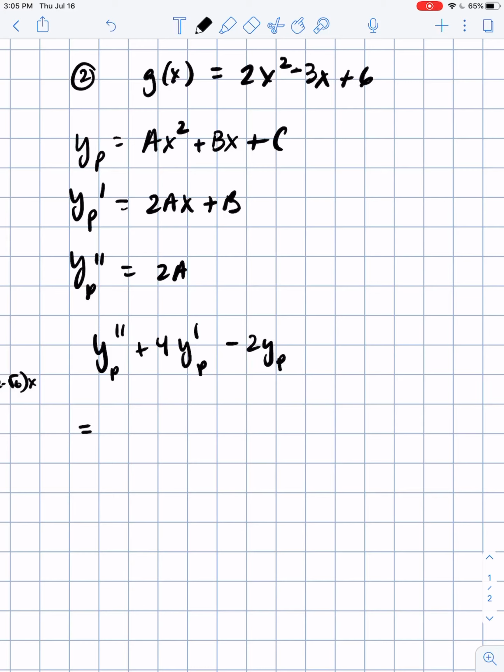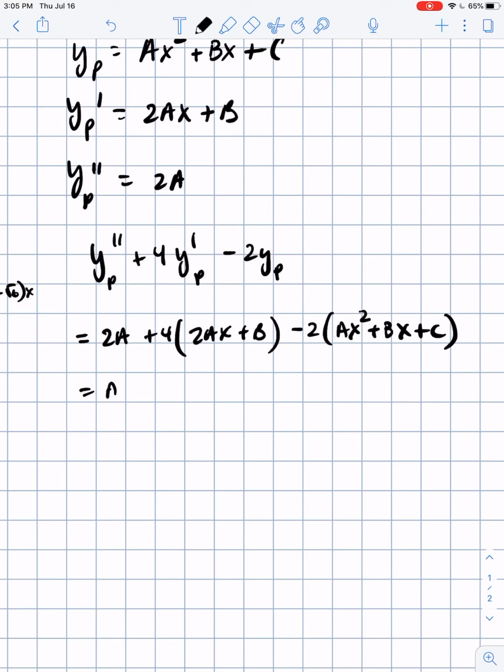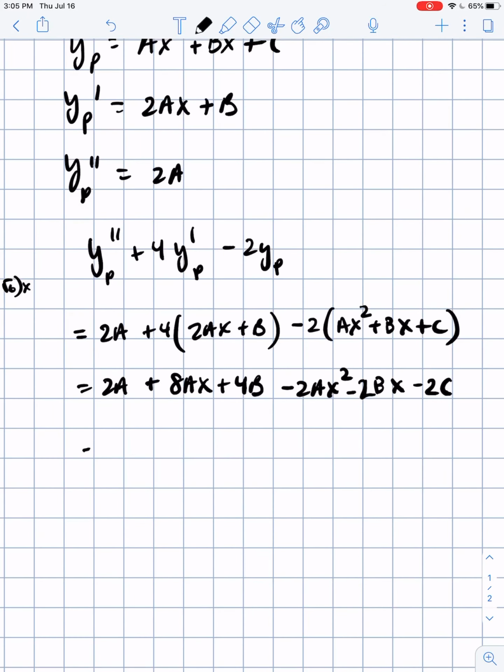So what I'm going to get here is 2a plus 4 times... All I'm doing is plugging everything in, and simplifying or rearranging so that you have it in a correct order.